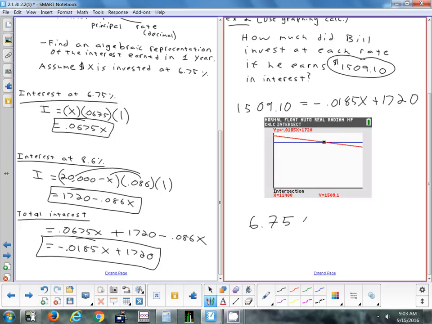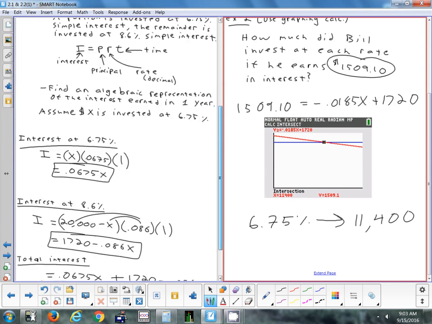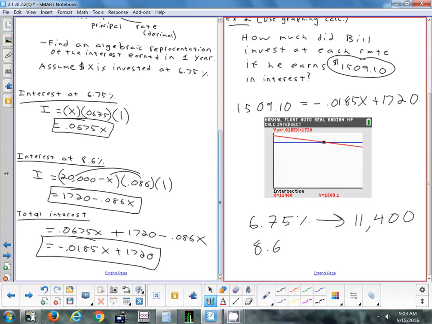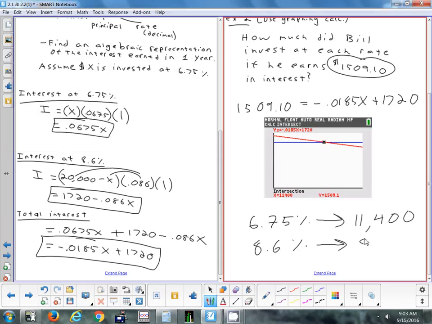Yep, so at 6.75%, he invests 11,400. So how do I figure out how much was invested at 8.6%? Yeah, just subtract that from 20,000. So 8,600.